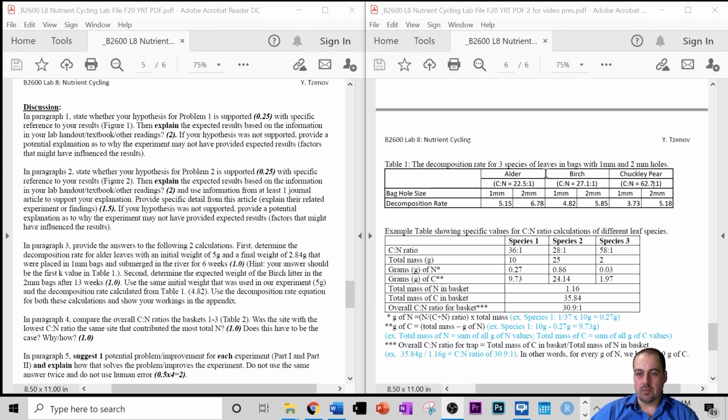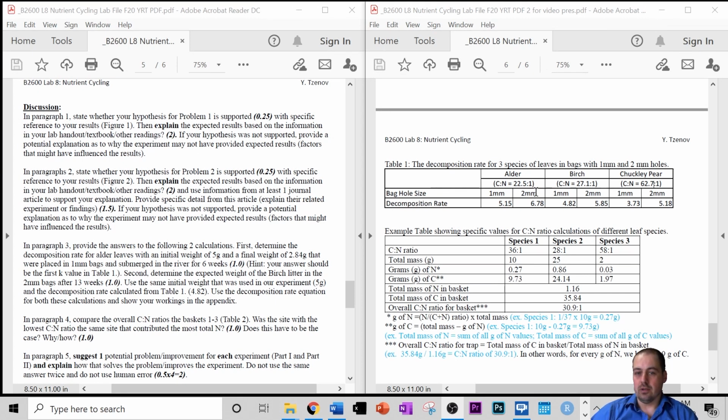So keep in mind that the decomposition rate is strongly affected by how many inverts are actually eating these leaves and how much they're breaking it down. So whether they're actually consuming that or breaking off little pieces that are floating away, that's going to reduce your weight.